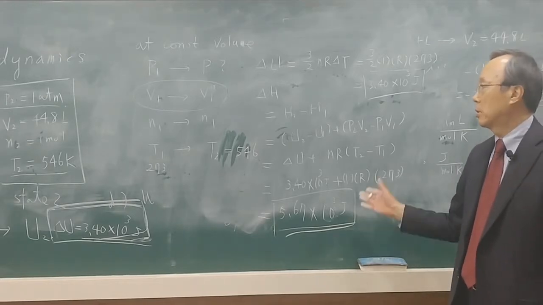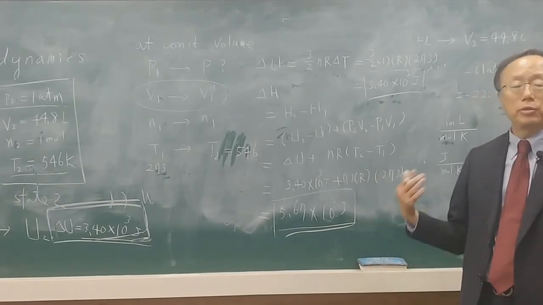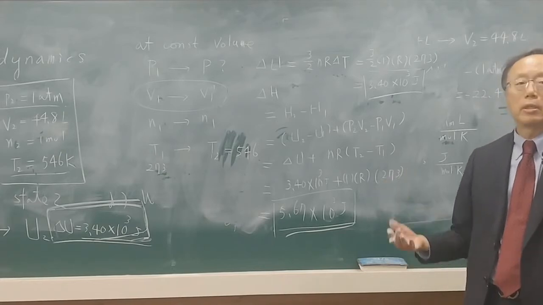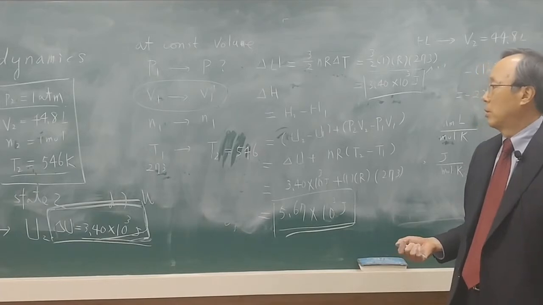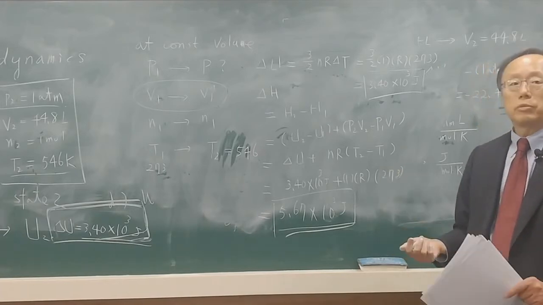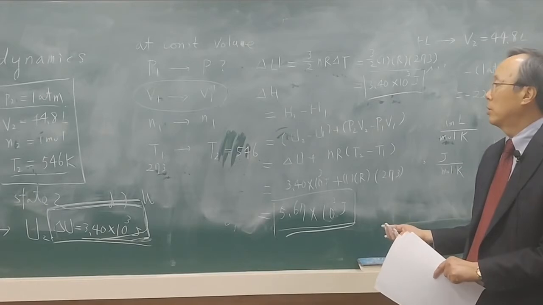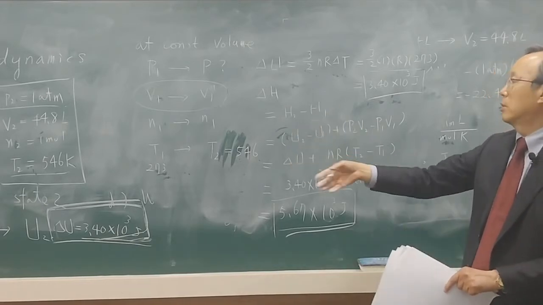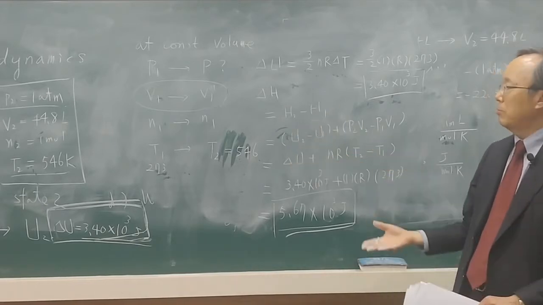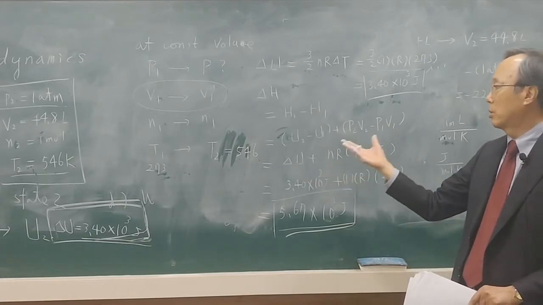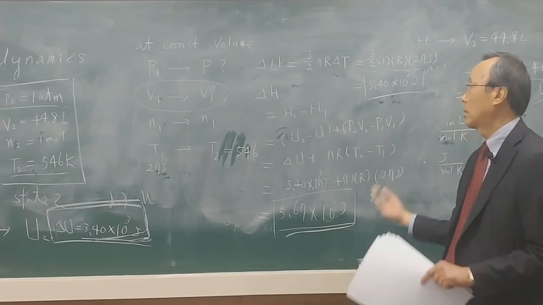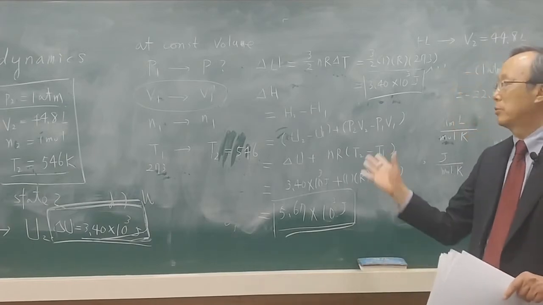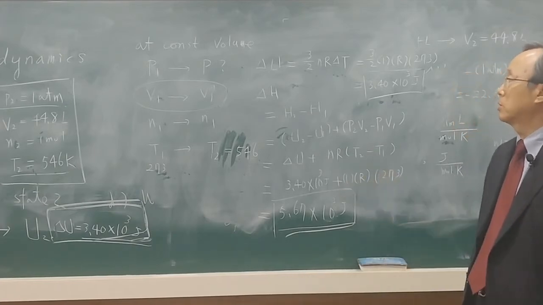So this means delta H and delta U, enthalpy and internal energy, are state functions. If the initial temperature and the final temperature in this pathway are the same as in another pathway, then delta U and delta H are the same in both pathways.